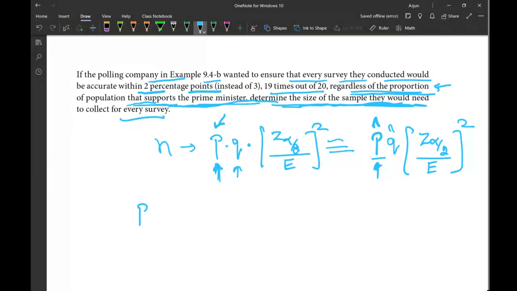There can only be two outputs, isn't it? That's what the whole idea is. So I would say that p hat value is equal to 0.5 and q hat value in that sense will also be 0.5. Either they like it or they don't like it. I'm giving the equal opportunity to both the numbers.